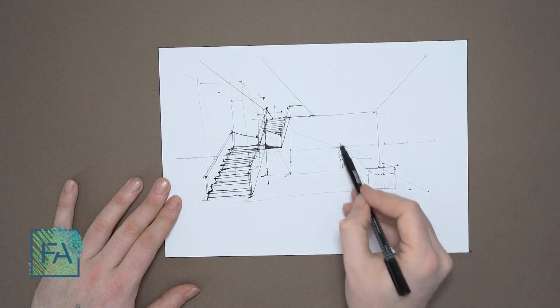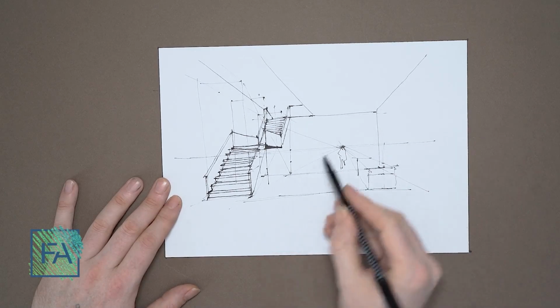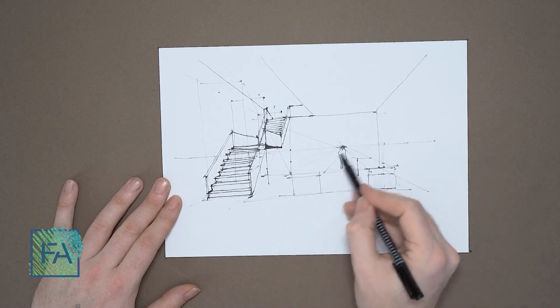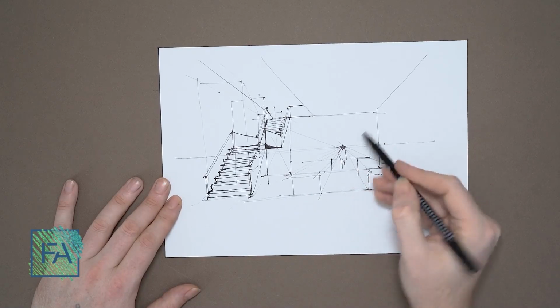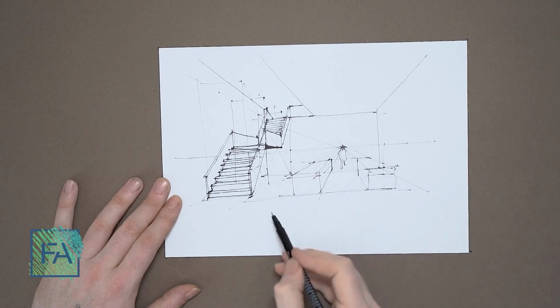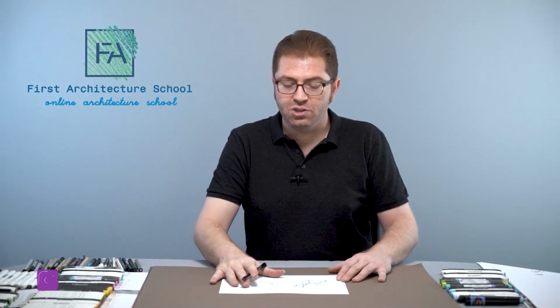Send it to the vanishing point, and this is the box for our furniture. In front of it, another box, just like that. It's another furniture. And we have the two boxes here. We can add more details to it to have a really interesting perspective. In the examples that we will solve together, we will do this multiple times.